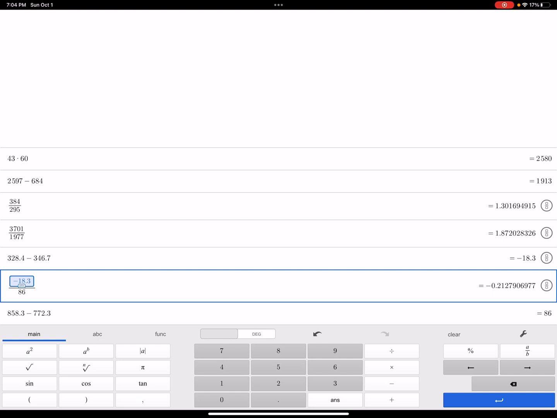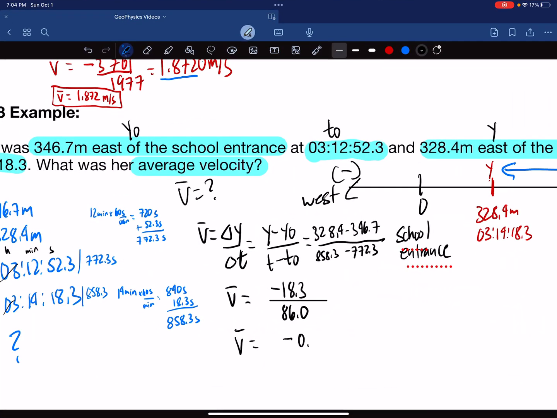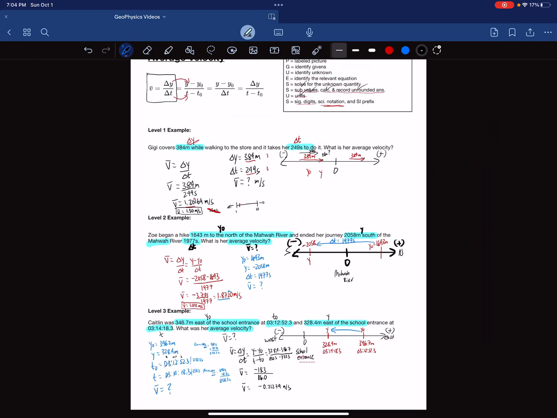So you can see then it gave us a negative 18.3 over 86, which is negative 0.21279. So we did our calculation, substituted values, it calculated and recorded the unrounded answer, and we've got units, so we're good.